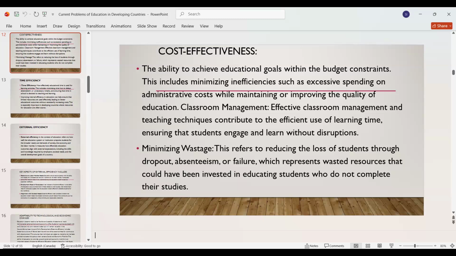And sometimes on the urban side, they will get the food also free of charge, right? So, minimum wastage, reducing the loss of students through dropouts.